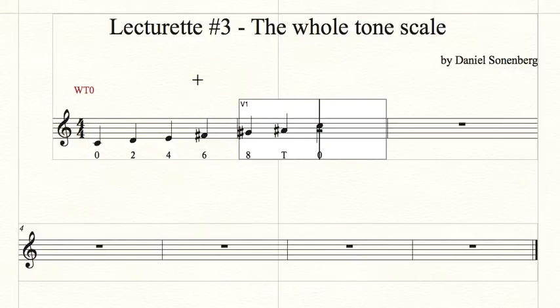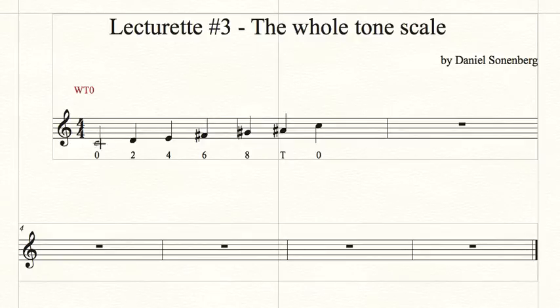Now, one thing you'll notice with the whole tone scale is that because it divides the octave equally into 6 parts, it does not fit entirely comfortably with our 7-letter notational system, which is to say there's always going to be an uncomfortable interval somewhere along the way.